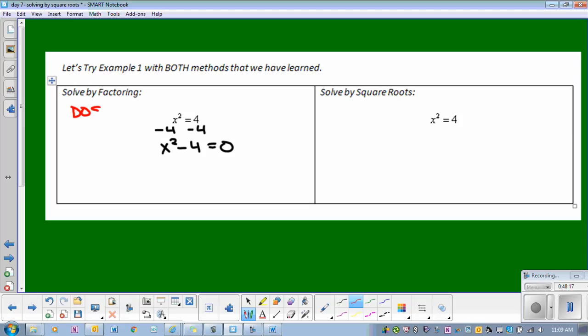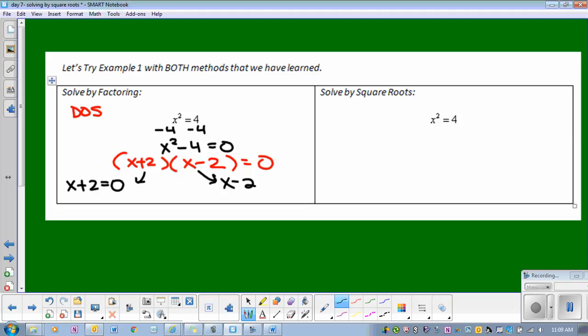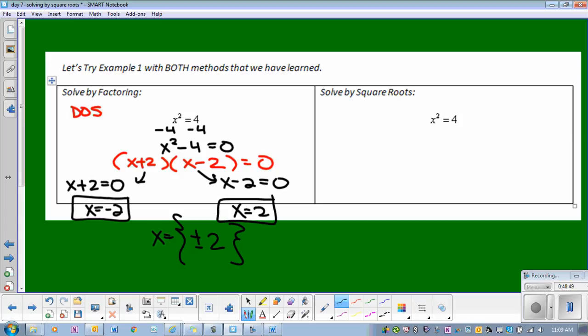So then that's x plus 2, x minus 2, and then you have your mini equations, right? Tom, are you writing this down? So x equals negative 2 and x equals 2, right? And since they're the same number with different signs, I'm just going to put plus or minus 2.